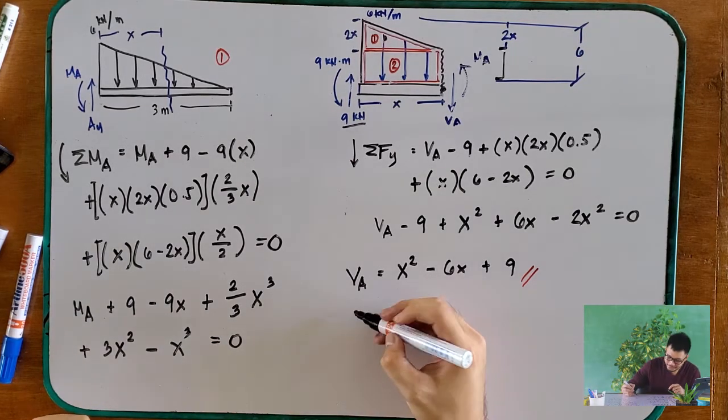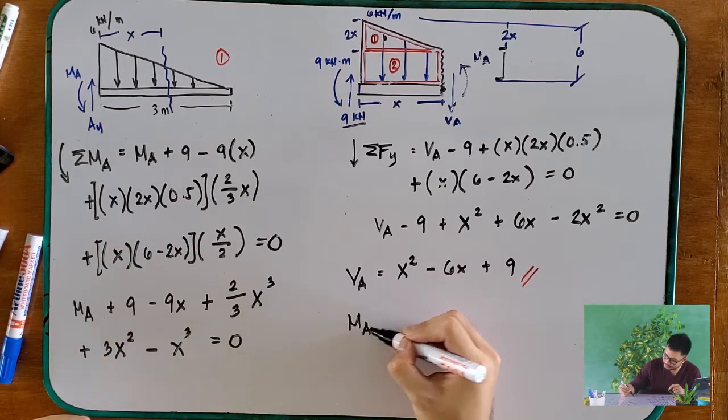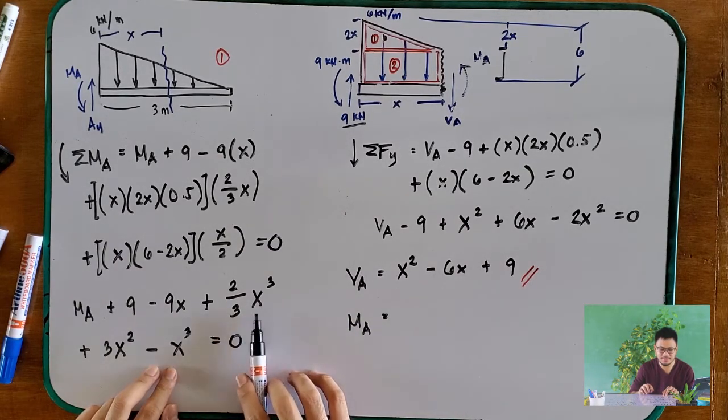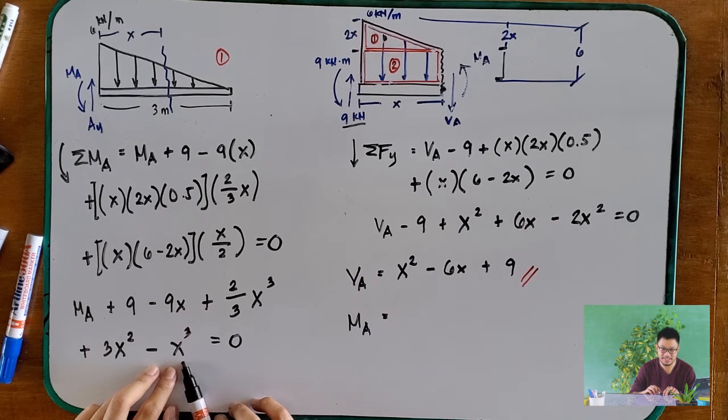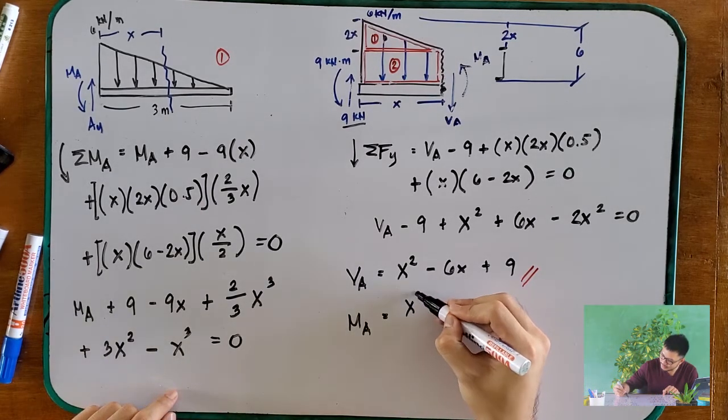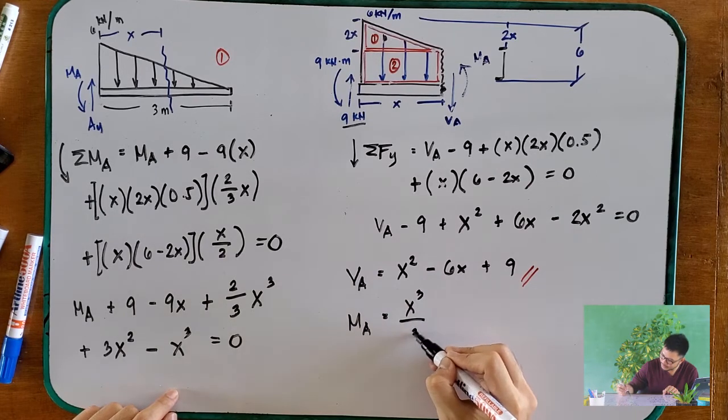So, therefore, your M is equal to, first, 2/3 of x cubed minus x cubed. That is negative 1/3 x cubed, x cubed over 3. So, transpose negative x cubed over 3, so x cubed over 3.